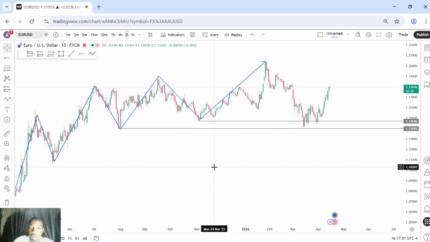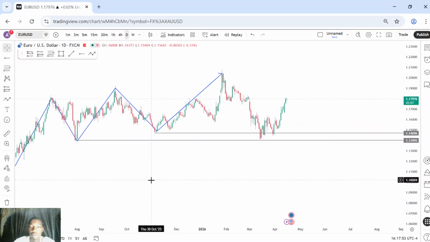So what is the rule of the market? Buy when the price is low and sell when the price is high. Let us look for our opportunity to buy. I was looking at this point first.